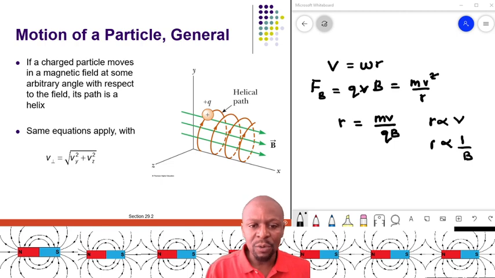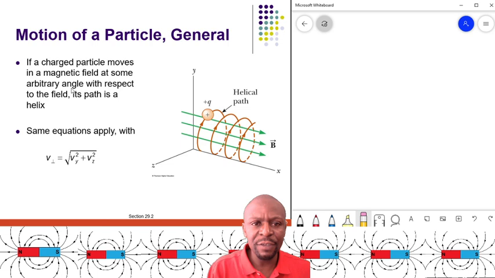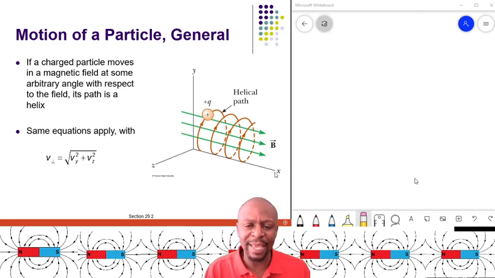Right. Now, I also want to show you that when a charged particle moves in a magnetic field at some arbitrary angle with respect to the magnetic field, its path is a helix. It is going to be moving in a helical path like this. But when you are standing at the x-axis, looking at this motion from the x-axis, you are just going to see the circle.